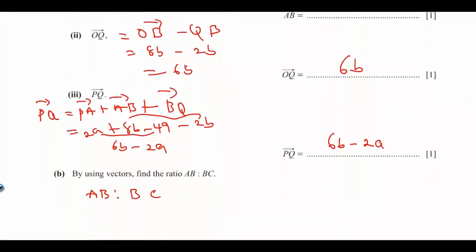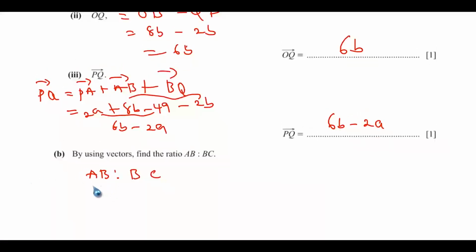So we can come here. We already know the value of AB, as that was the first thing we calculated. We got it to be 8B minus 4A. So let's write here, AB is equal to 8B minus 4A. We need to find BC. BC is equal to BQ plus QC.